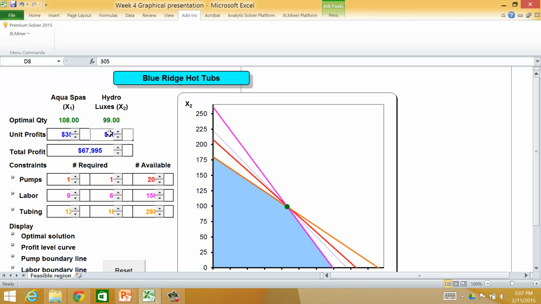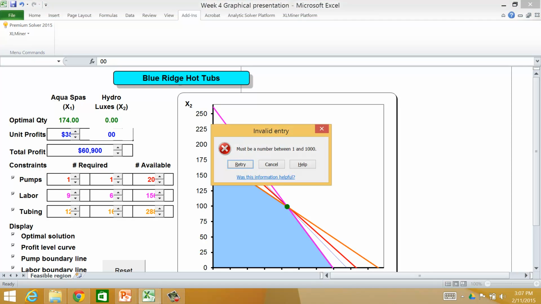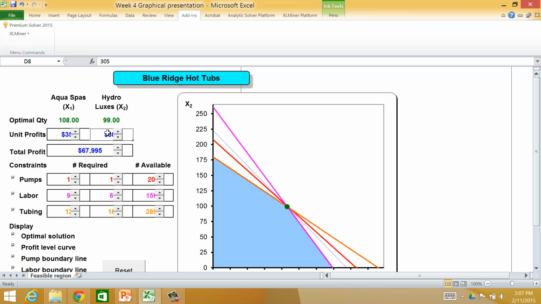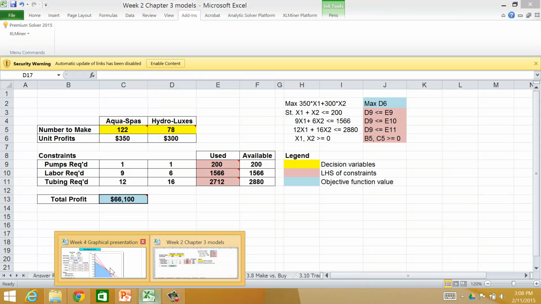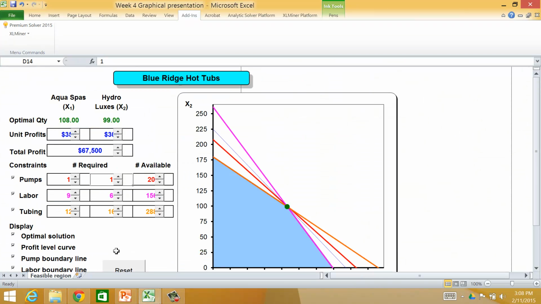I could not reset it. This is already 300, that's the original. 350 and 300. Okay, so originally, this is the point.